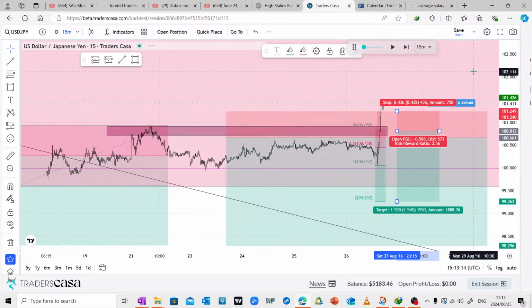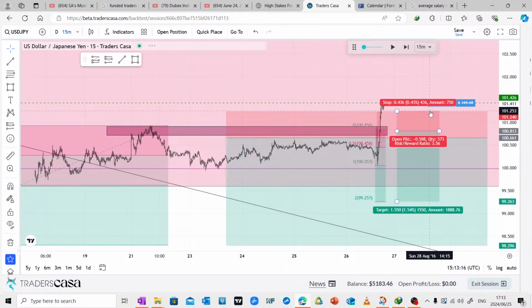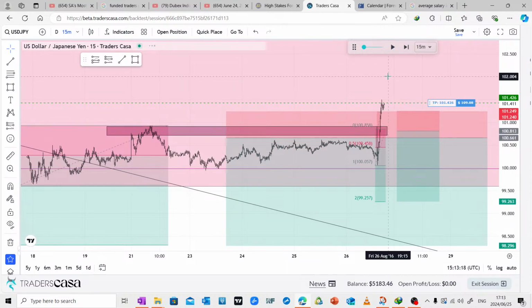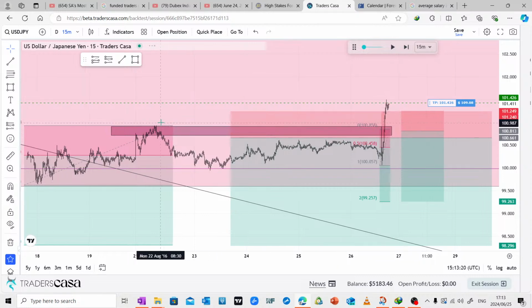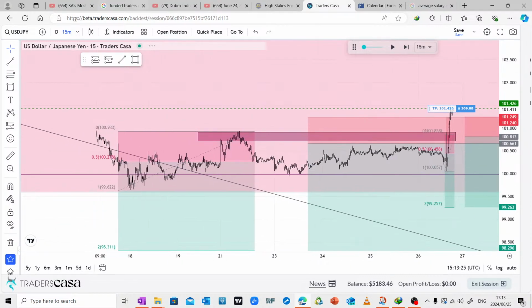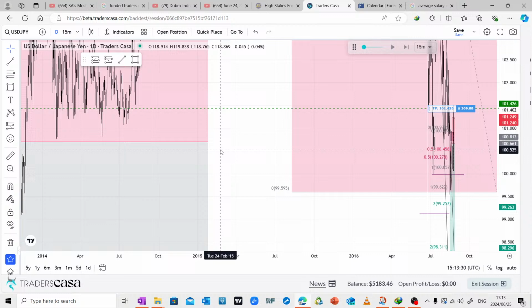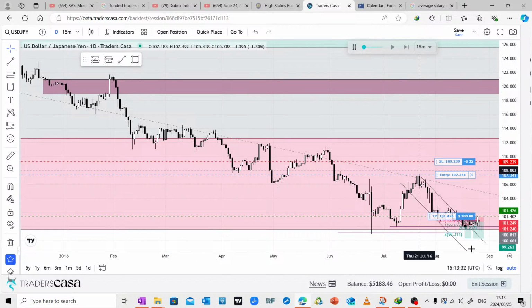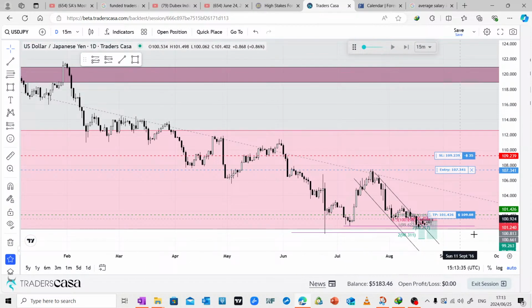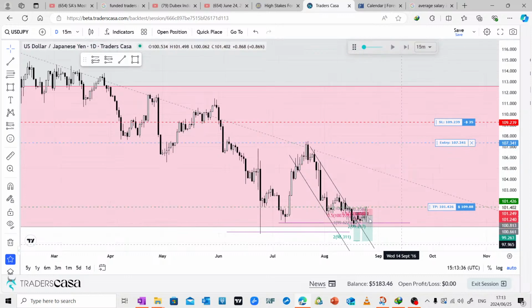So right there, so what do we do now? Clearly taken out sell side. So I think the market is now bullish. In the daily time frame, we could now have a proper change in character. Let's reset it. Alright, so we've clearly crossed over. These were the early days when we crossed over.